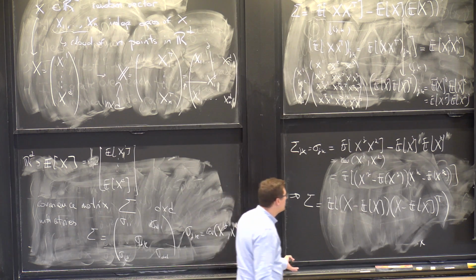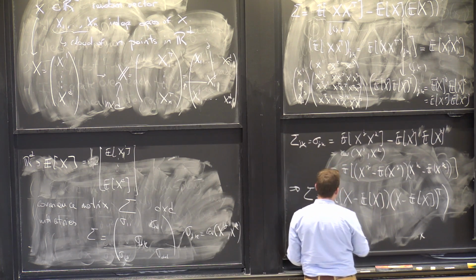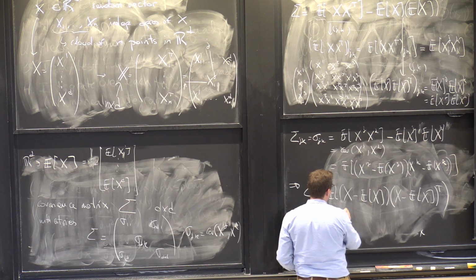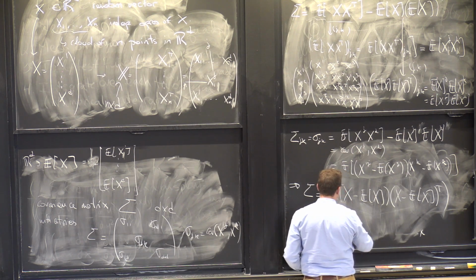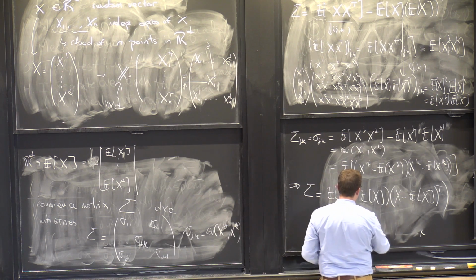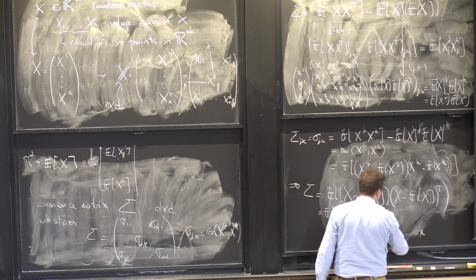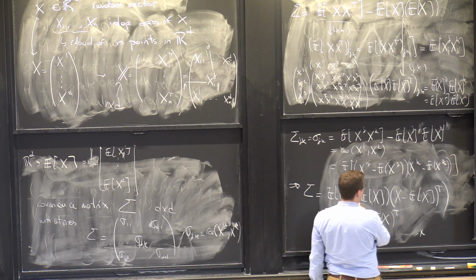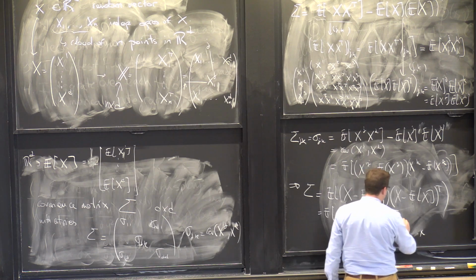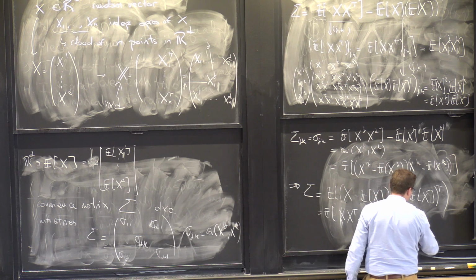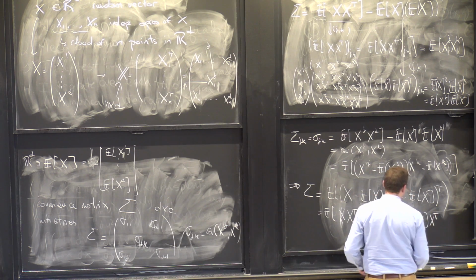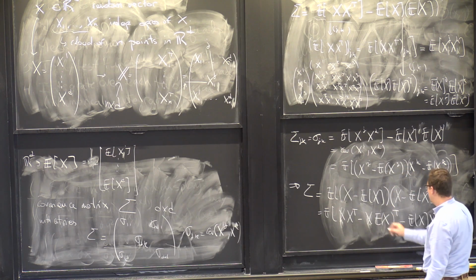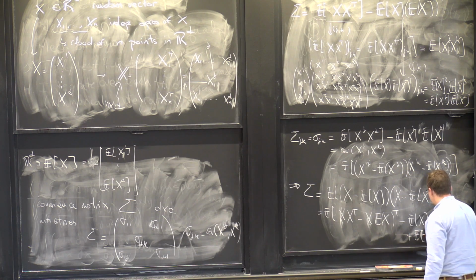The reason is that if you just distribute those terms, this is the expectation of x x transpose, minus x times the expectation of x transpose, minus the expectation of x times x transpose, plus the expectation of x times the expectation of x transpose.